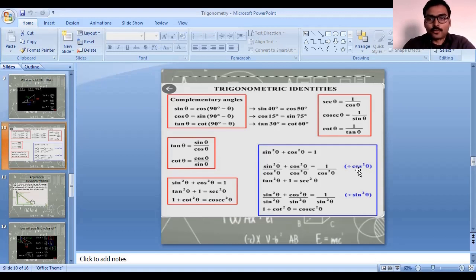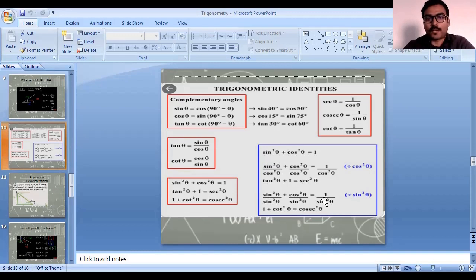Like when we divide the expression sine square theta plus cos square theta equal to 1 by cos square theta, it will give you tan square theta plus 1 equal to sec square theta. And when we divide the same expression by sine square theta, it will give you 1 plus cot square theta equal to cosec square theta.